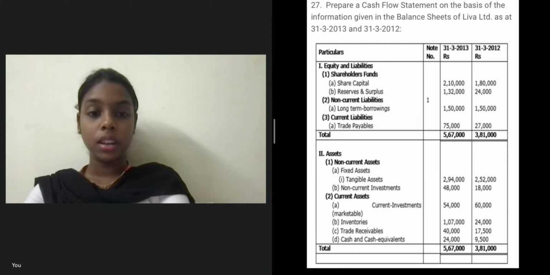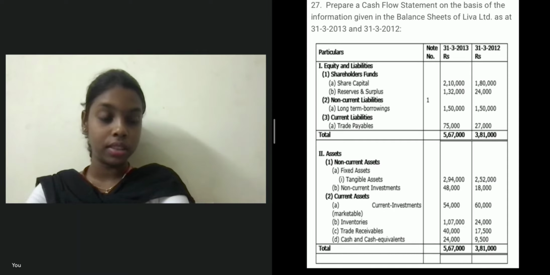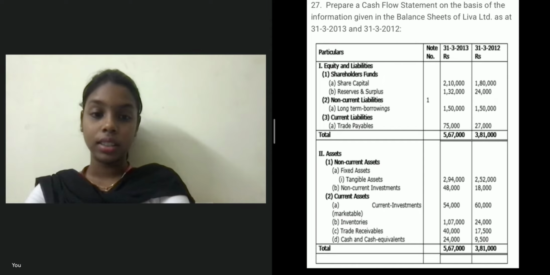Next come the current liabilities. First is the trade payables, that is 75,000 and 27,000 respectively, and the totals are 5,60,000 and 3,81,000 respectively.